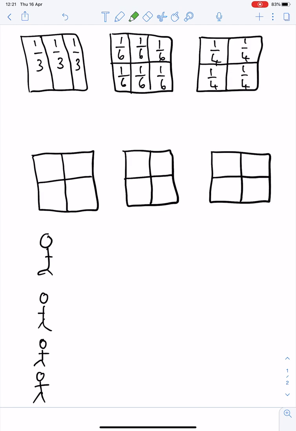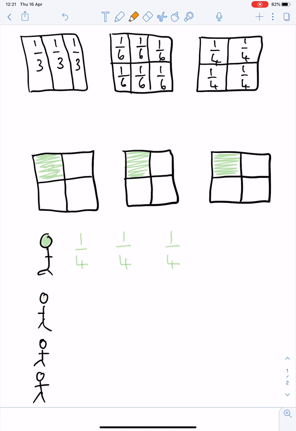So, child number 1 will take a piece from this sandwich, a piece from this sandwich, and a piece from this sandwich. So he gets 1 out of 4 from the first sandwich, 1 out of 4 from the second sandwich, and 1 out of 4 from the third sandwich.